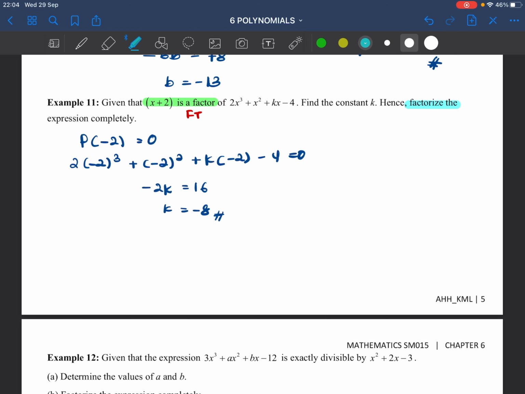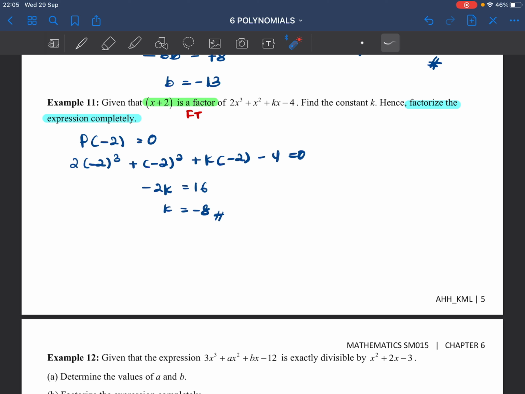Next. Hence, factorize the expression completely. Okay, what is factorize the expression completely? As I said before, if this is your factor, it means your polynomial will not have any remainder. Okay, if x plus 2 is a factor of our P of x, then it can also be a divisor. So a factor can be a divisor, but a divisor cannot be a factor.